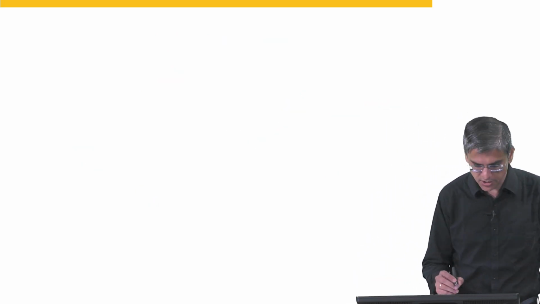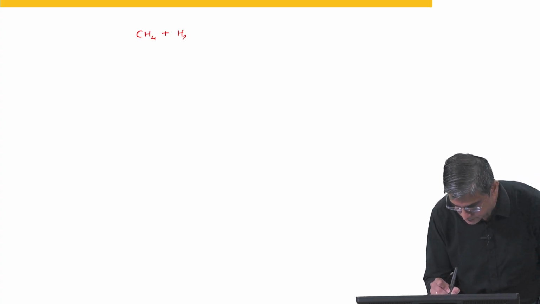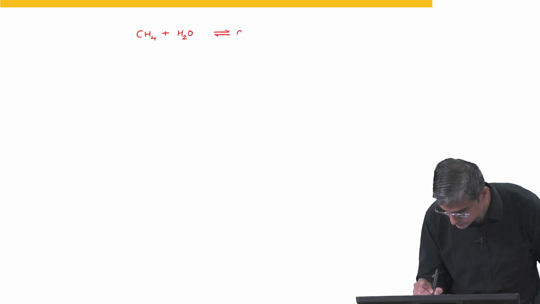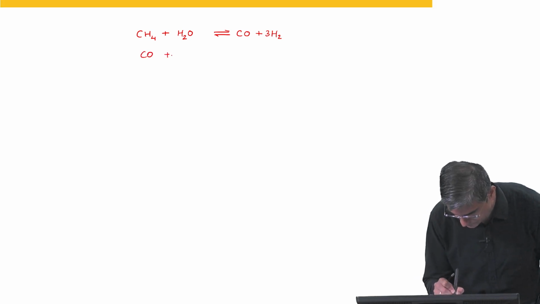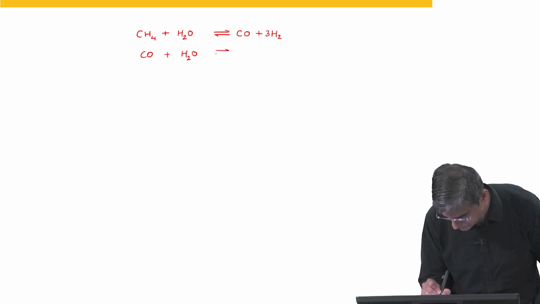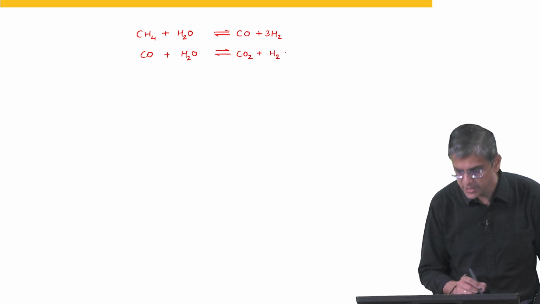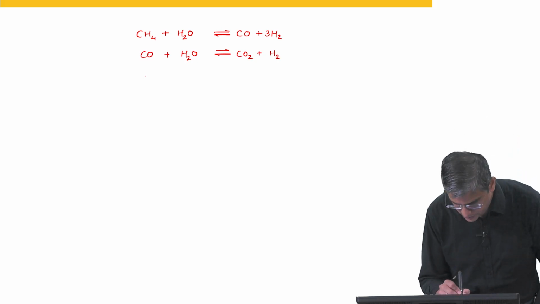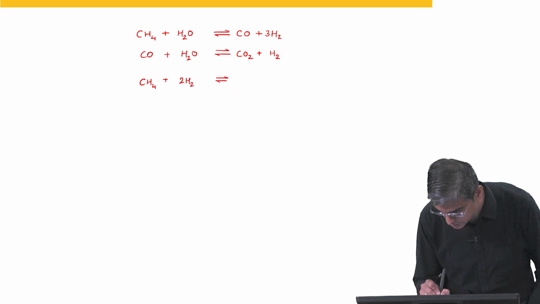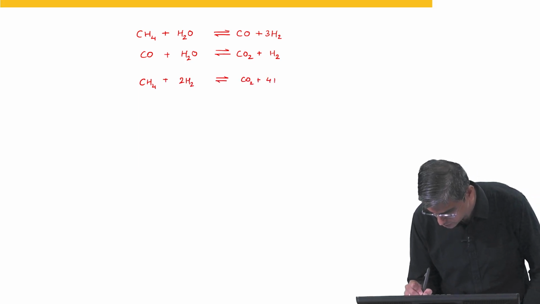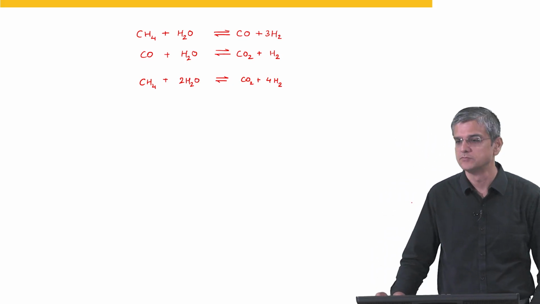Then we talked again about reversible reactions. Let us say the same example. If you are to add these two reactions up, what you are going to get is CH4 plus 2H2O giving CO2 plus 4H2.